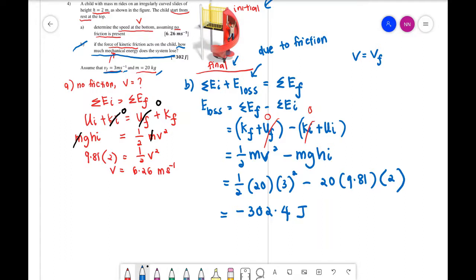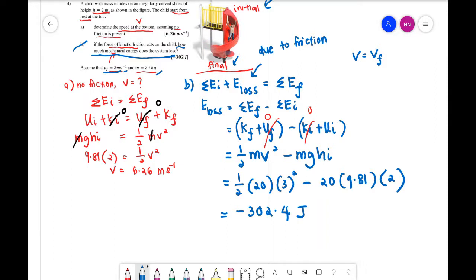So negative ni because work is done by the system. System ni maksudnya the child lah. Work is done by the system to overcome the friction.